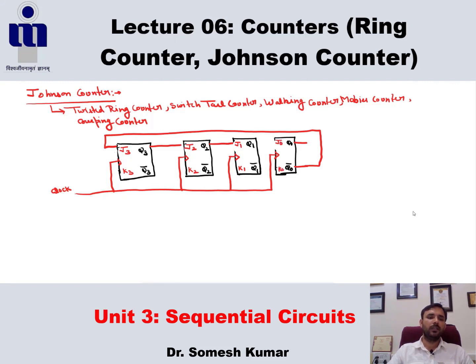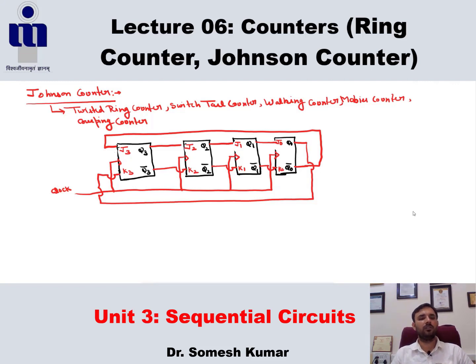This Q0 bar is connected to this one, and this is connected to here. And this Q0 is connected to this K3. So this is the Johnson counter using JK flip-flop.